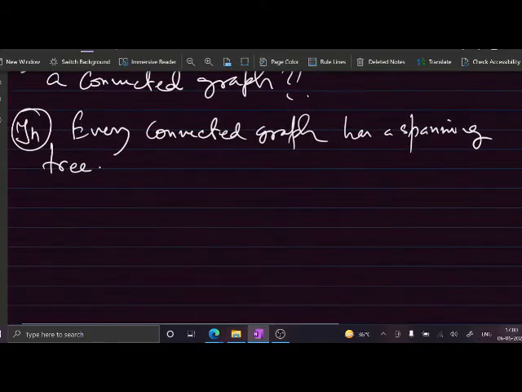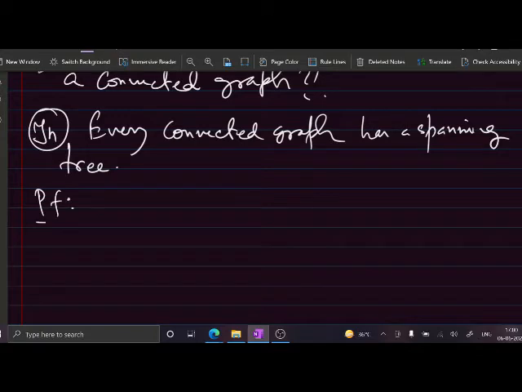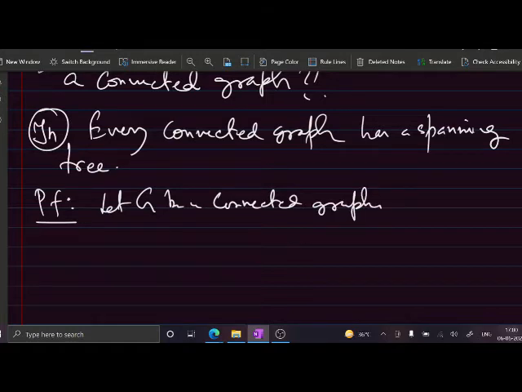Okay. Now what is the proof? So let G be a connected graph. Then what you do? Now it is a fact, if G itself is acyclic, it may happen that whatever you consider may be acyclic.